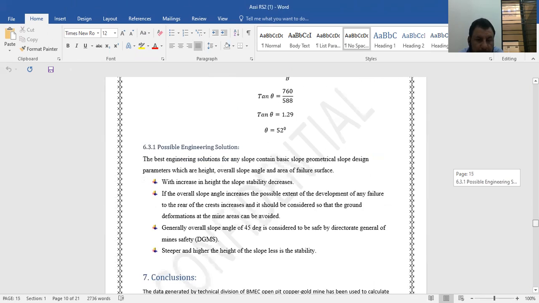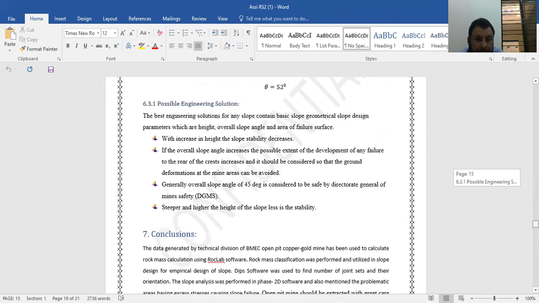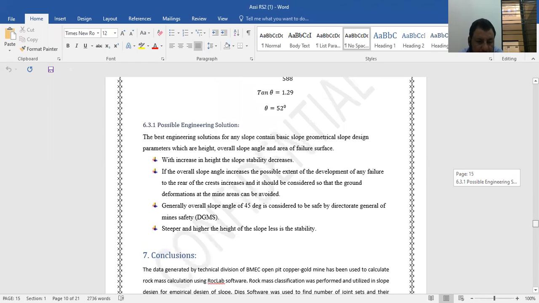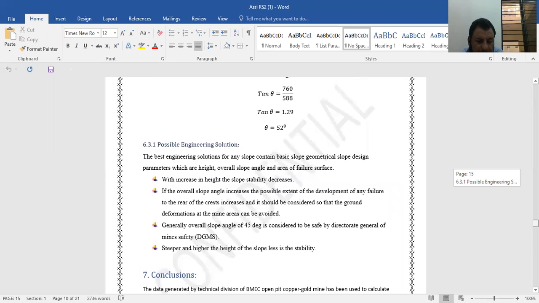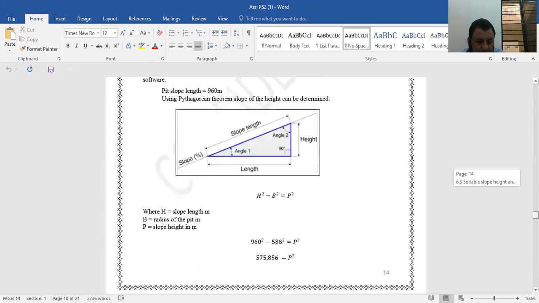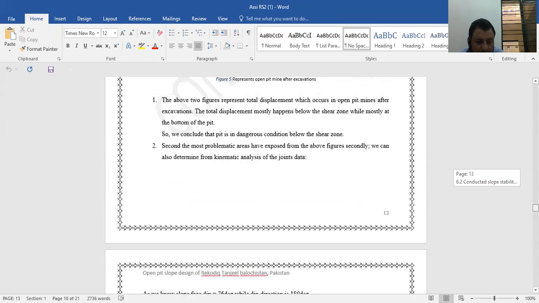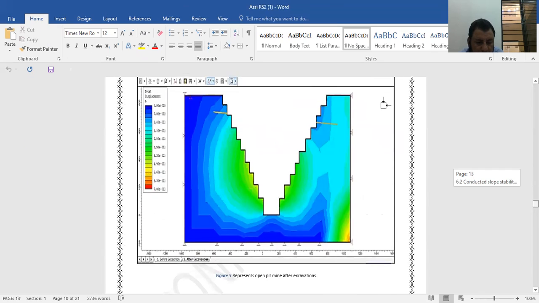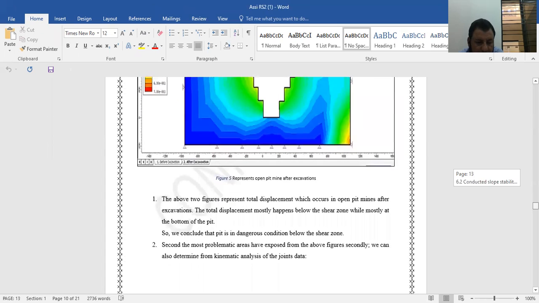There are some possible engineering solutions. The best engineering solution for any slope considers basic geometrical slope design parameters, which are height, overall slope angle, and area of failure surface. With an increase in height, the slope stability decreases. If the overall slope angle increases, the possible extent of the development of any failure layer increases, and it should be considered so that ground deformation at the mine area can be avoided.